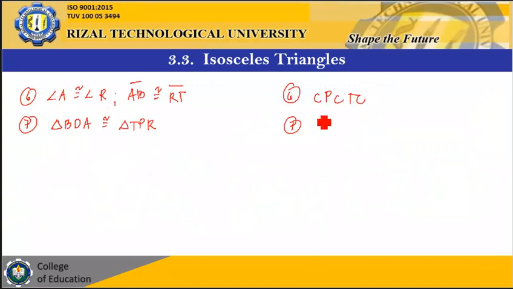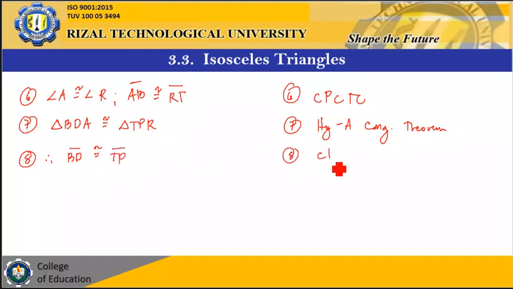And we have a theorem for that, and that is HA congruence theorem. Okay? And number 8. So then, since these are already true, then we can now say that BD is congruent to segment TP. And that is because of CPCTC. Okay? And we're able to show that the theorem holds.